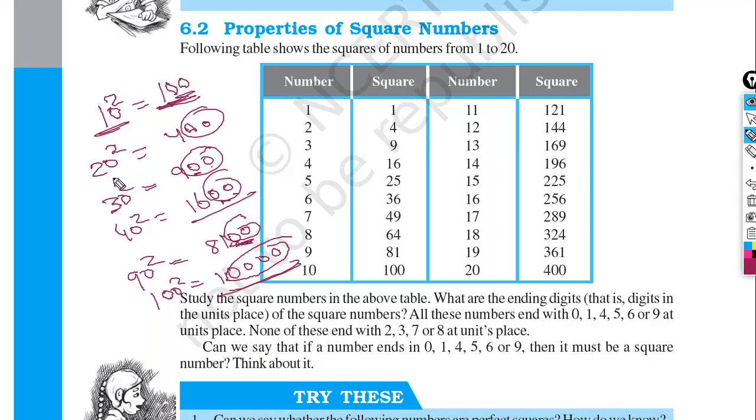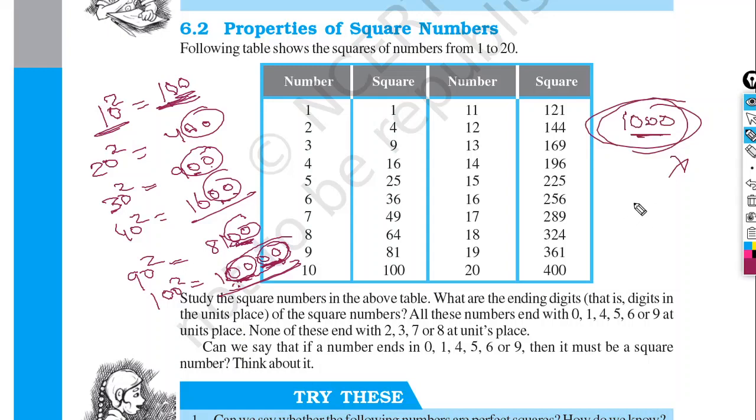Okay, then another number we see, how many zeros are there? You see 4 zeros. From the one place it has 4 zeros towards the left, so there is a chance of it being a square number. Suppose a number is there like 1000, it has 3 zeros, so it cannot be a square number.